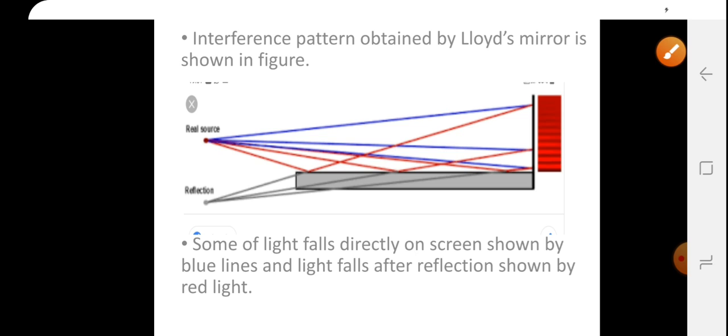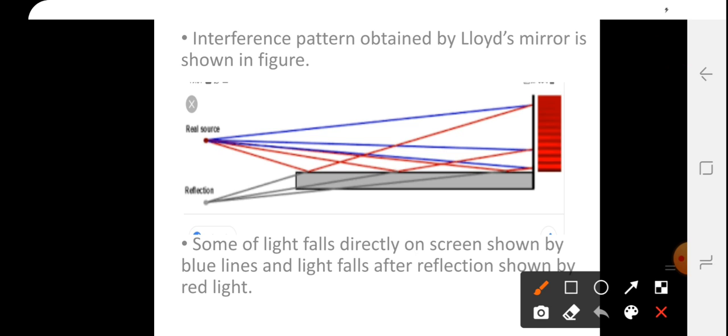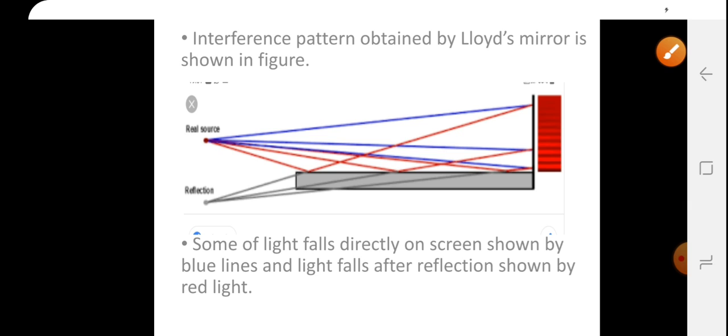Some of the light falls directly on the screen, shown by the blue line. The red line is the light that travels after reflection from the mirror.